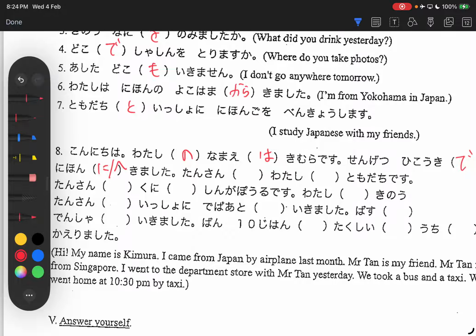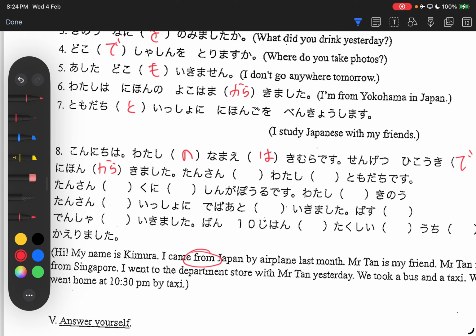Oh sorry, so there's only one because it's from Japan, so it has to be 日本から来ました. My apologies. Because the translation says from, so we have to use from. It's not that he came to Japan, it's more like he came from Japan.